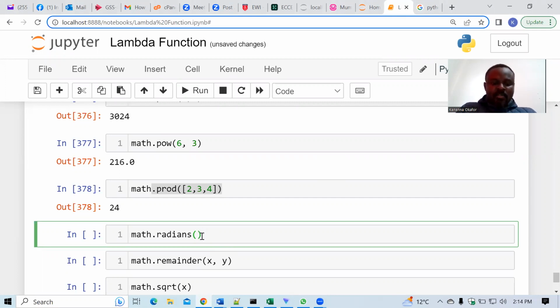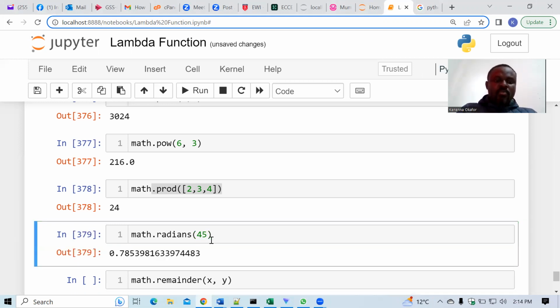So let's say, for example, 45 degrees, what will be the radian value for that? And let's see, that will be 0.78, and so on. So guys, you know that the radian is the degrees times pi over 180, something like that.